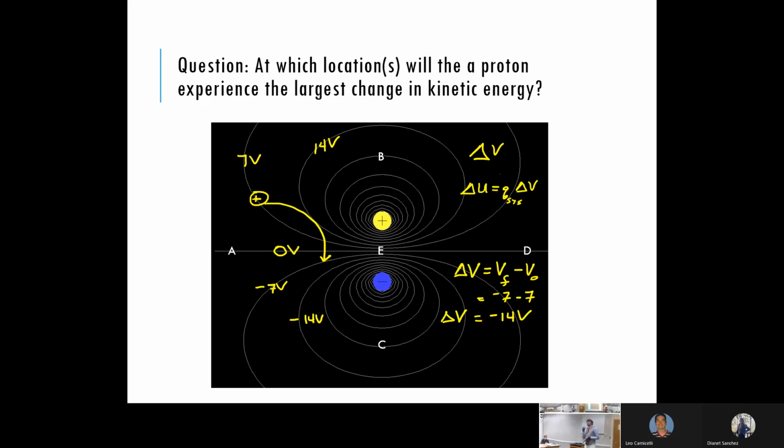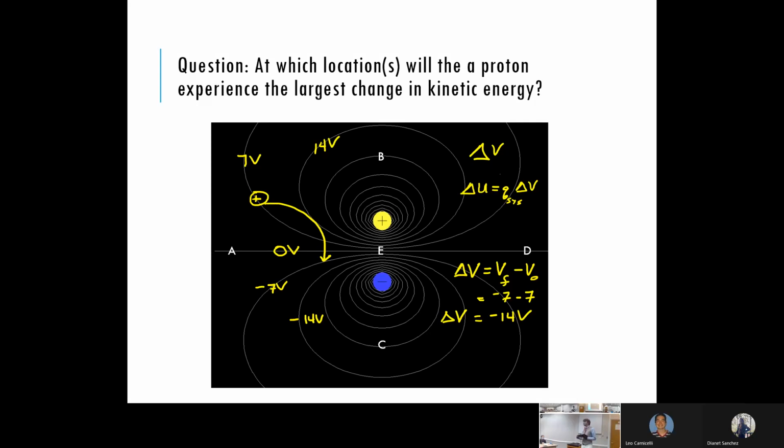What's the change in the potential energy of that proton as I move it from one equipotential to the other? It's not 0. I mean, it's essentially rolled downhill.